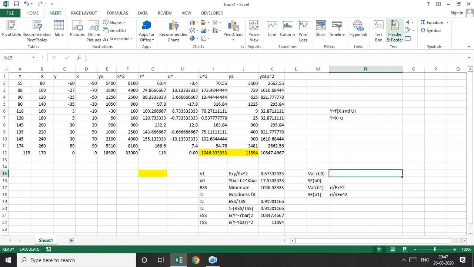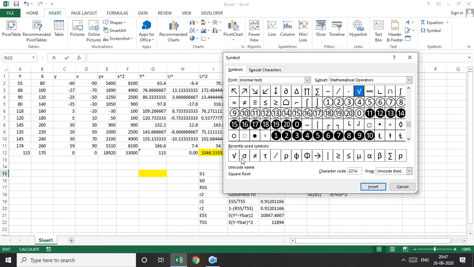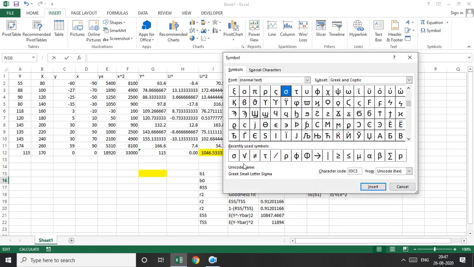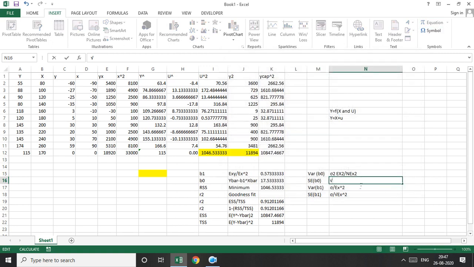It is small sigma square into sigma capital X square divided by n into sigma small x square. Then if you take the root of this, you will get the standard error of beta 0.